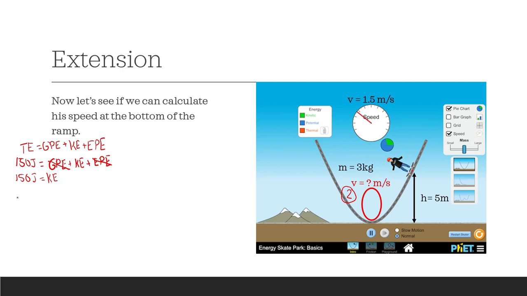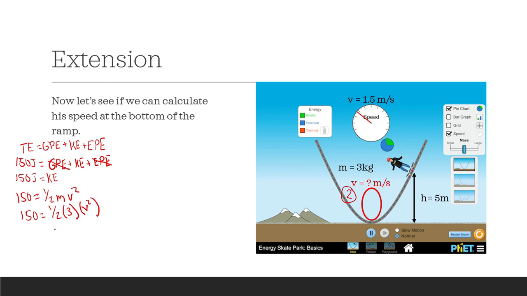Since we know that the formula for kinetic energy is 1/2 mv squared, we can say that 150 equals 1/2 mv squared. And since the mass presumably is the same, I'm assuming that this skateboarder didn't lose any weight on his way down the ramp, we know that 150 equals 1/2 times 3 times v squared.